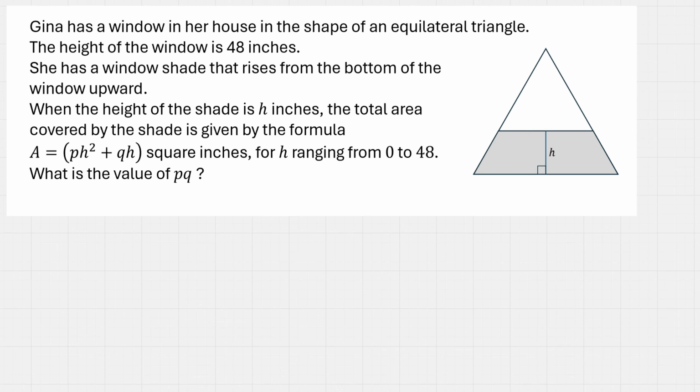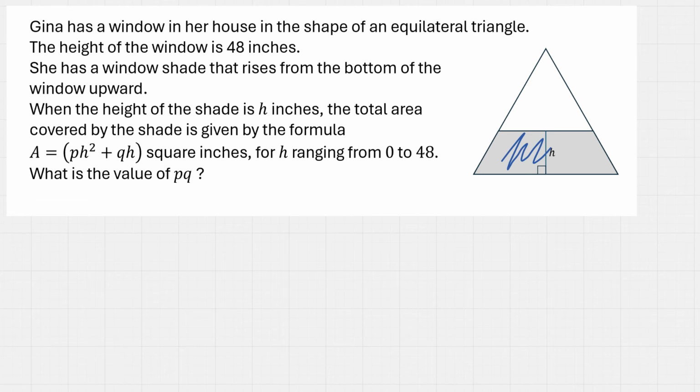Well, hello everybody. In this question, what we're told is Gina has a window in her house in the shape of an equilateral triangle, and the height of the window is 48 inches. She has a window shade that rises from the bottom of the window upward.